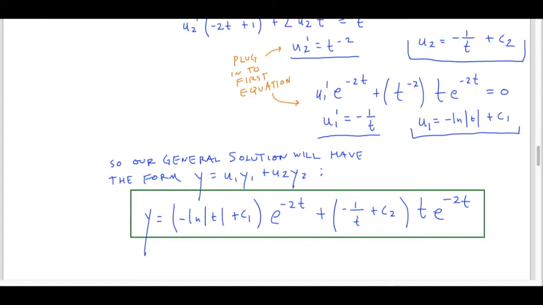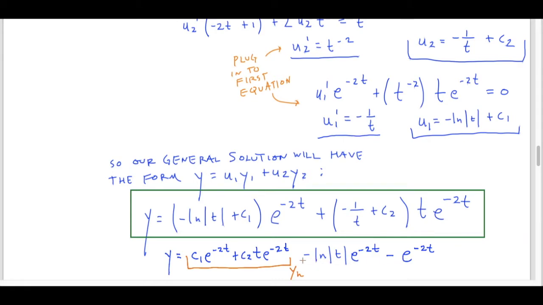First, just real briefly, notice that if you were to distribute through the parentheses in this general solution and then rework your terms, rewrite your terms a little bit, you would get something that looks like this. And notice that in this reworked form, my y sub h, the solution to the homogeneous version, does show up here as just c sub 1 e to the negative 2t plus c sub 2 t e to the negative 2t.